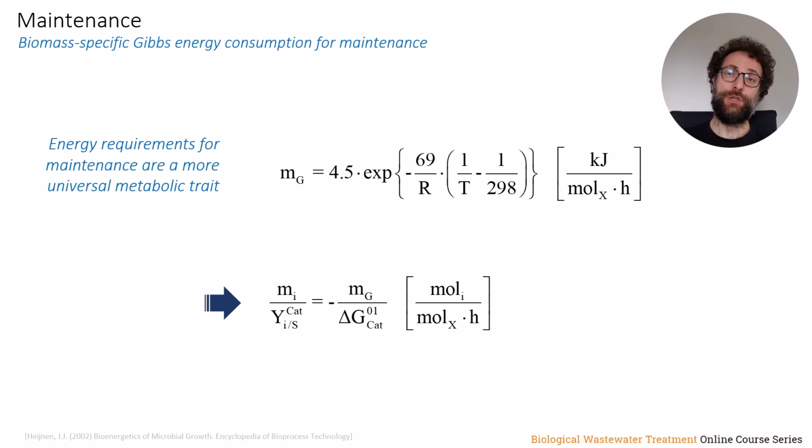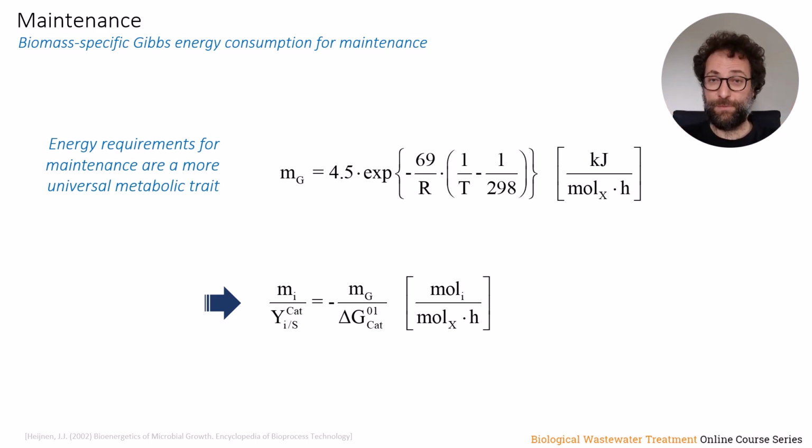The second observation that the authors made is the fact that there seems to be a physical limitation for the number of electrons that can be transferred per mole biomass per unit time in the catabolism. The easiest way to understand this is if you think of the electron transport chain, where an electron donor donates electrons which have to go from protein to protein until they are accepted by the final electron acceptor.